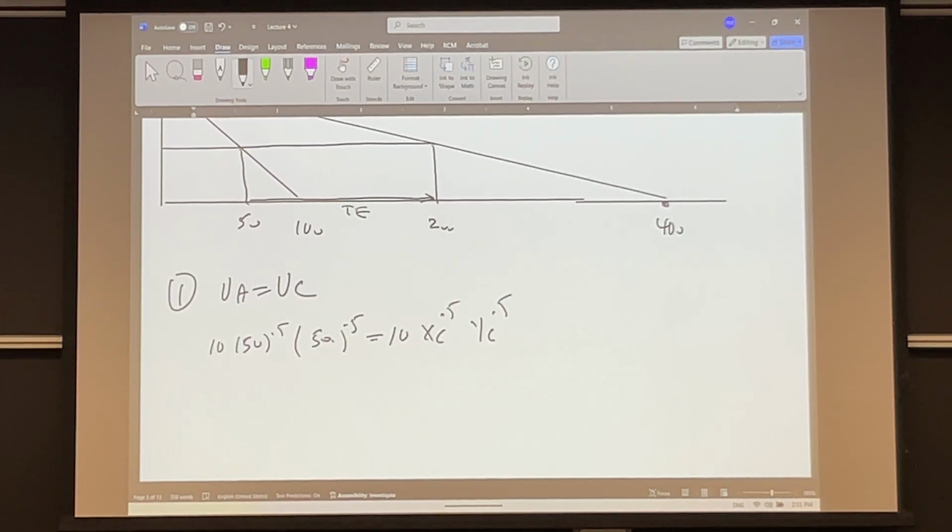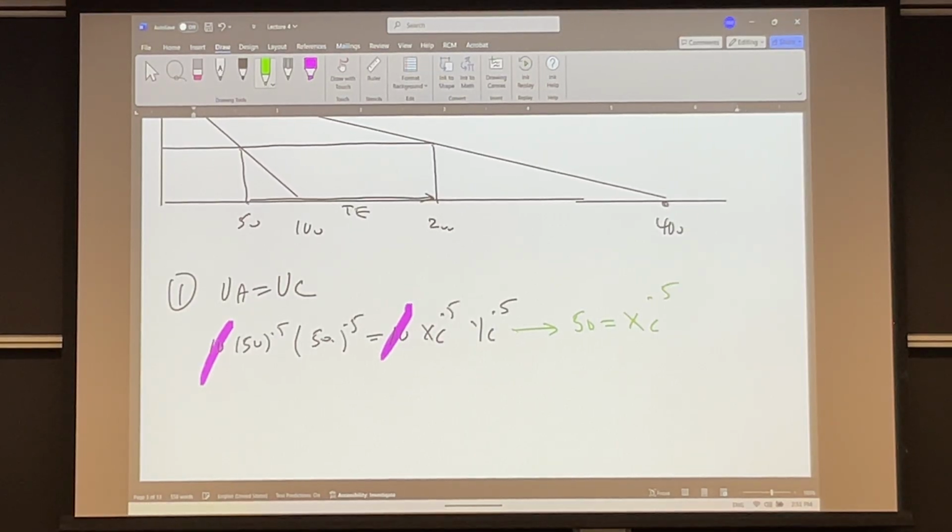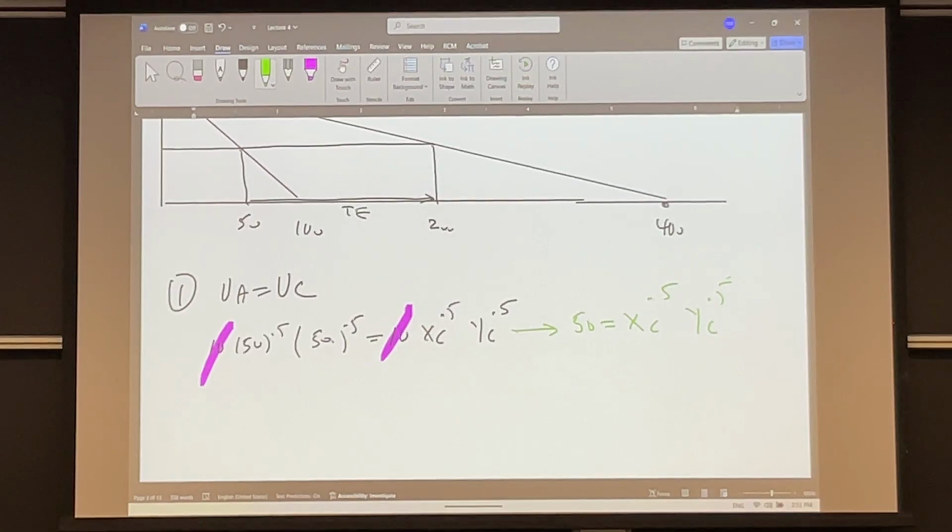Right? I'm going to get rid of this 10 and write it this way. I solved it a bit, right?